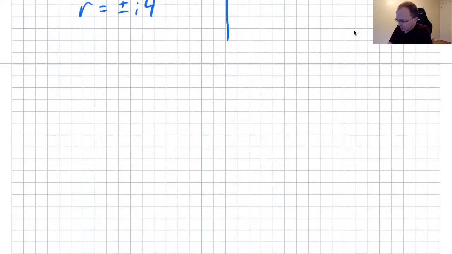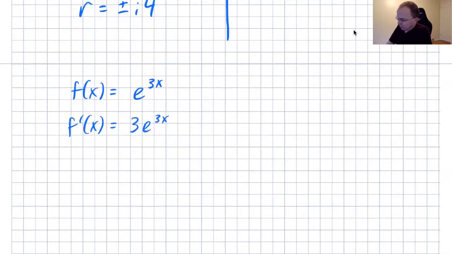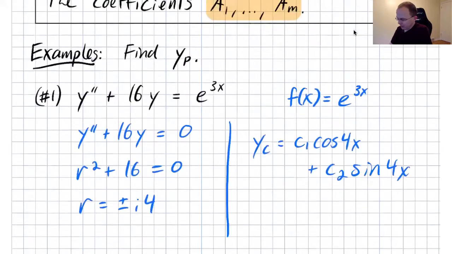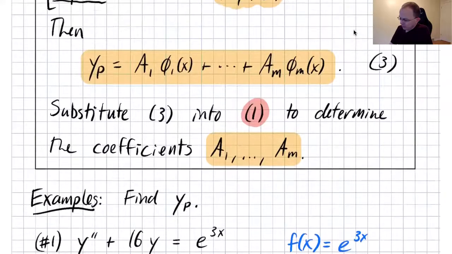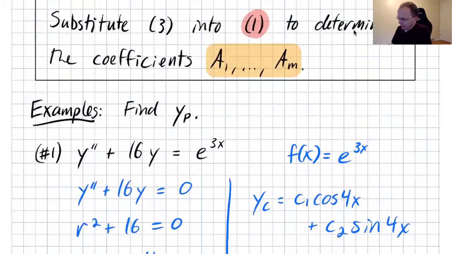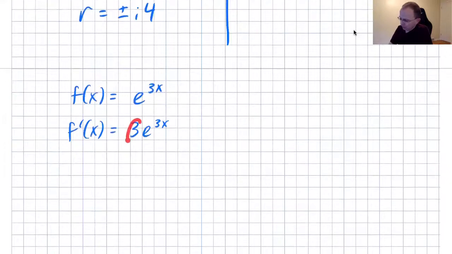We'll start with f of x equals e to the 3x, and then we'll take the derivative and get 3e to the 3x. Now, with these coefficients, I'm not going to pay attention to them, because when we form the linear combination up here, we're going to add arbitrary coefficients in. So any coefficient that appears in front of a term like this, I'm just going to ignore.